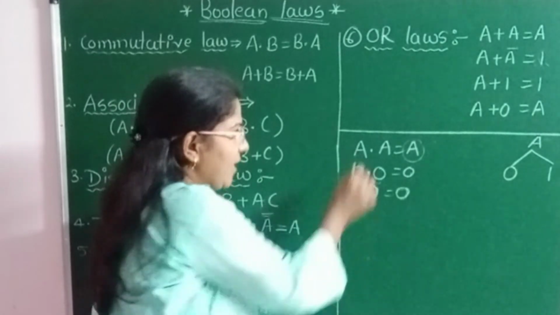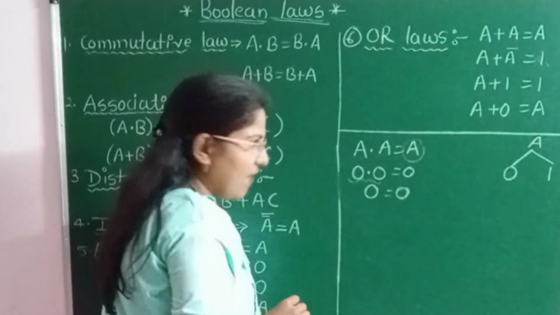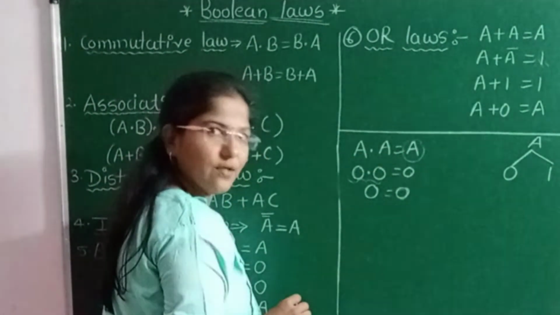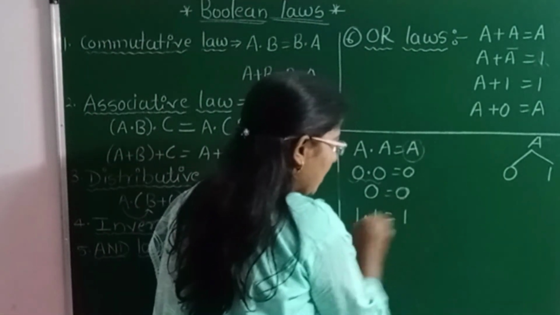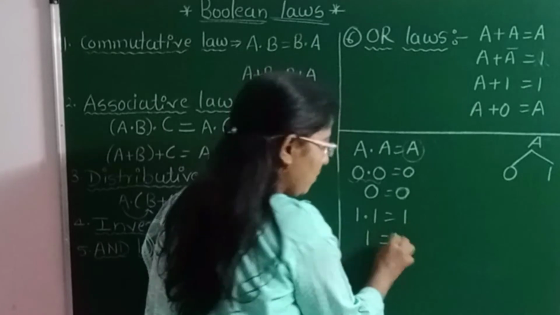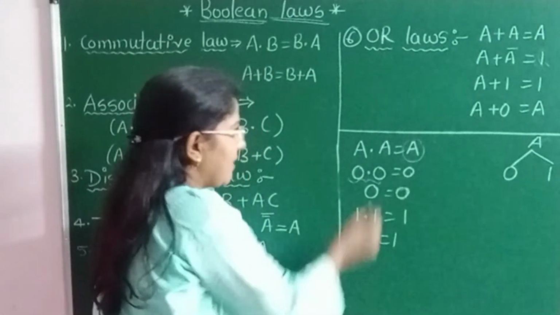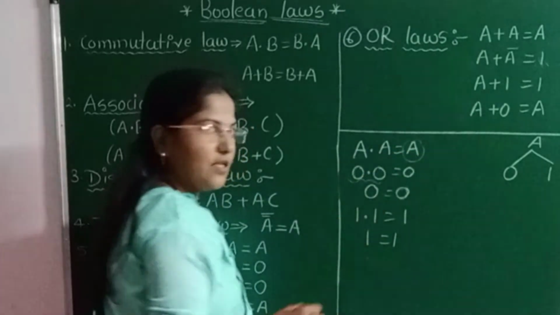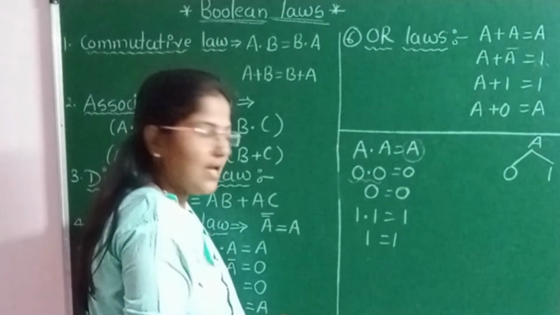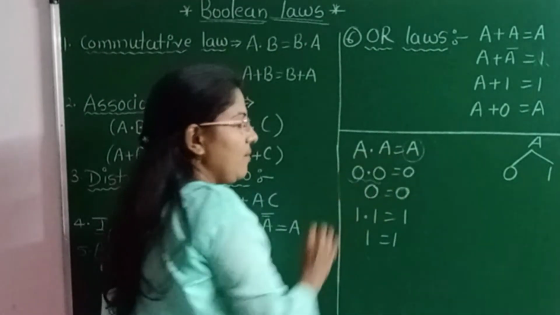And that's why A into A is equal to A. Now we will consider the value of A as 1. So 1 into 1 is equal to 1. So whatever value of A we put, that is the final result of this expression. So this is the AND law, A into A is equal to A.